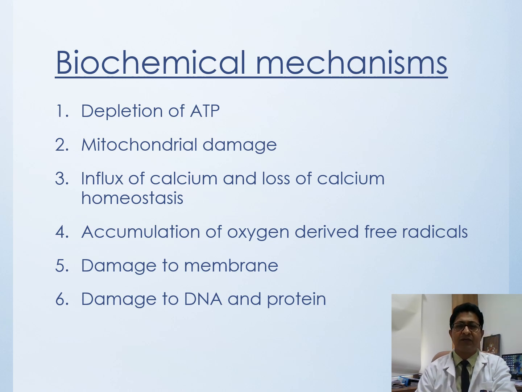We have superoxide anion, designated as O2 minus, OH, the hydroxyl ion, and H2O2, hydrogen peroxide. These are the oxygen derived free radicals which may accumulate during the process. Apart from this, there can be damage to the membrane, DNA, and protein as well.